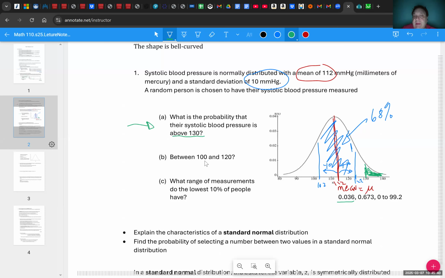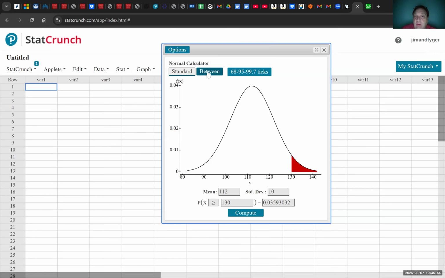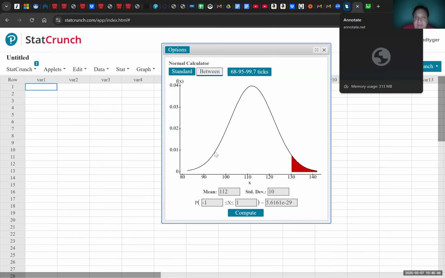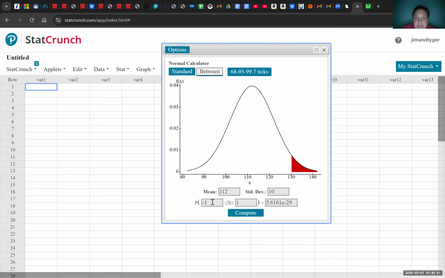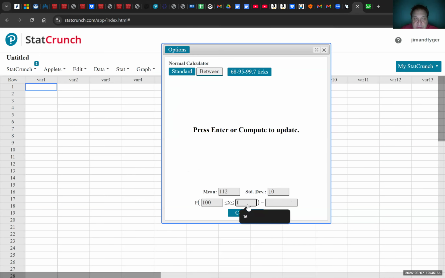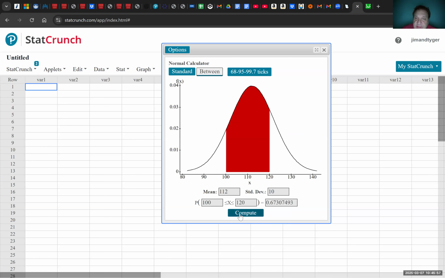And then we could do a between thing, like between 100 and 120. So just like before, we can toggle between, and I instantly forgot the numbers, 100 and 120. So I can do 100 and 120 and compute. And there's 100 and there's 120. So visually it shows you these are all the people, quite a bit of people. How many people?